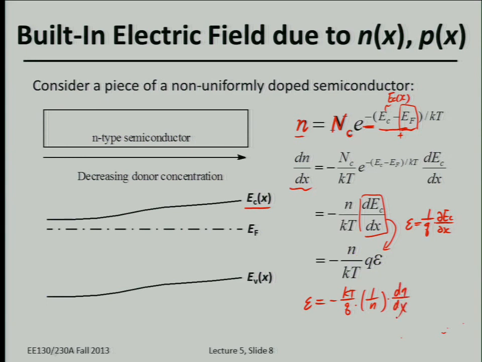That's the electric field in equilibrium devices. It's a function of the electron concentration, which is non-uniform, as well as its gradient, which is also a function of distance.